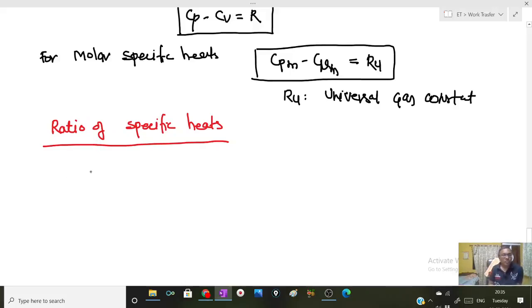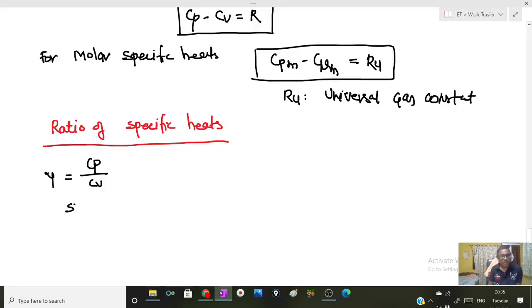Now the ratio of two specific heats Cp over Cv of a gas is an important constant in the field of thermodynamics and is represented by the Greek letter gamma, and it is called the adiabatic index.